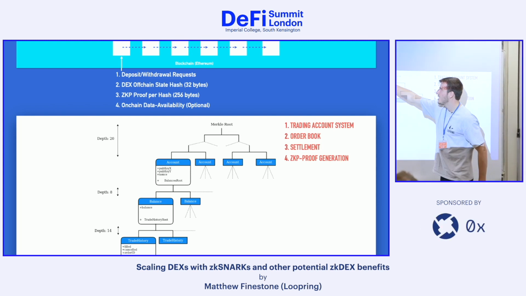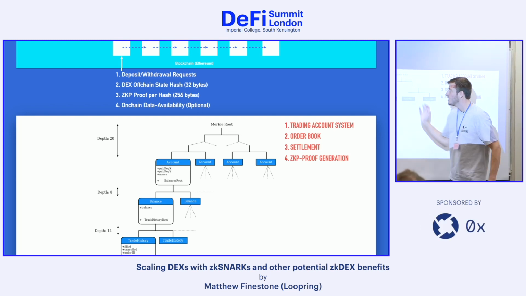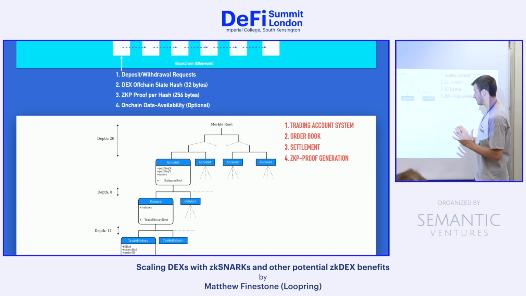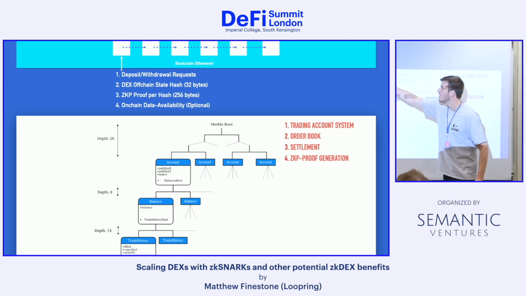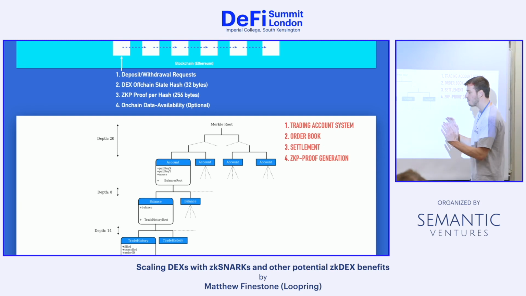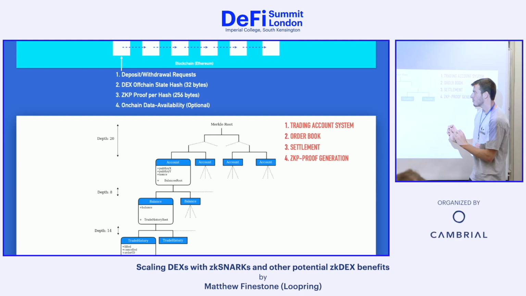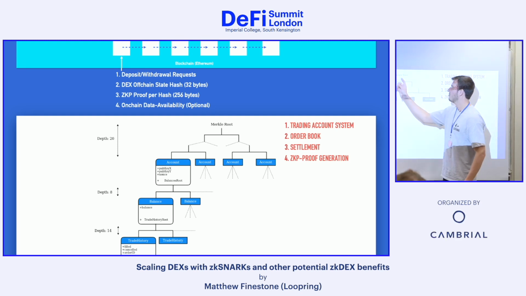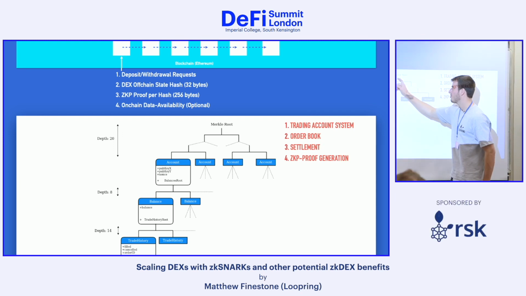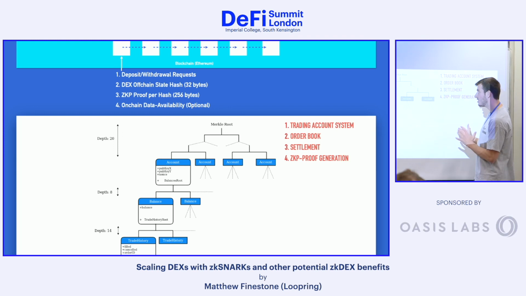The on-chain data availability part is super important because this allows anybody to look at the interim state changes that brought us from an old state of the world, represented by the old Merkle root, to the new one. How did we get there?